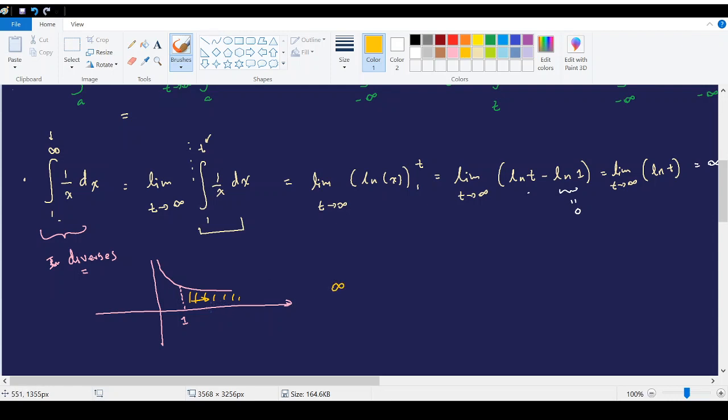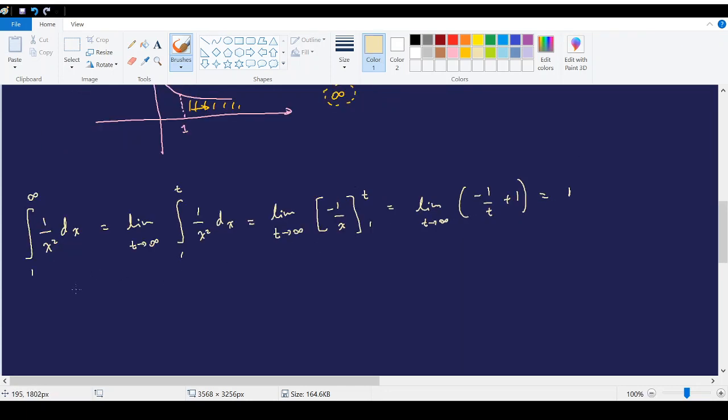It will be a very large value. What I mean by very large is, it cannot be represented by a finite number. No matter how large you write, it will definitely be larger than that finite number. That's the meaning of infinity, okay? Right. And then we'll go to another example.